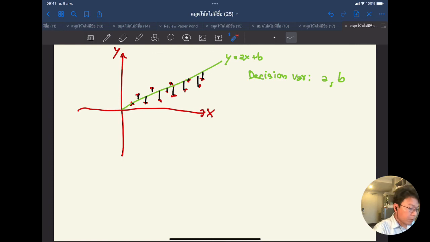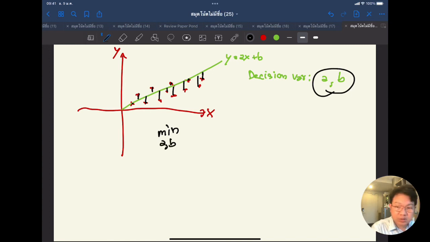Okay, so for the first question, we have a and b as our decision variables, and we want to minimize our objective function, which is the summation of deviation. This is interesting because you see that the error can be both negative or positive, right?